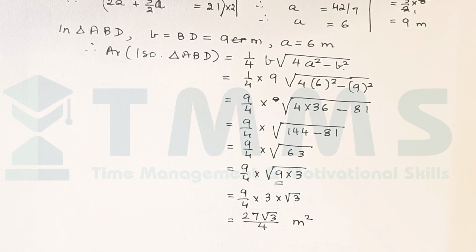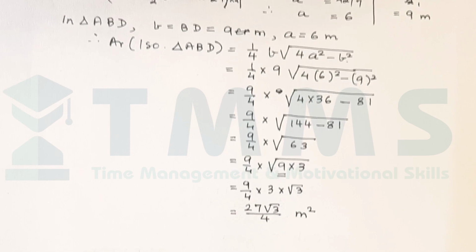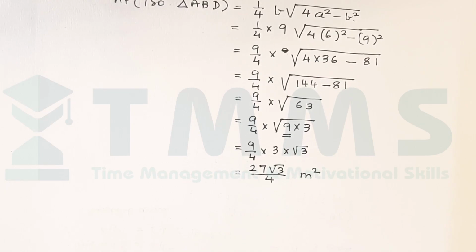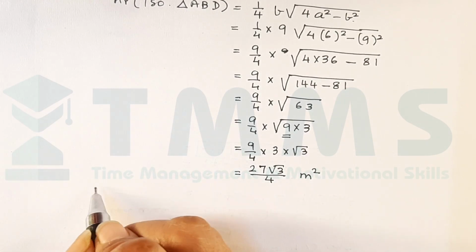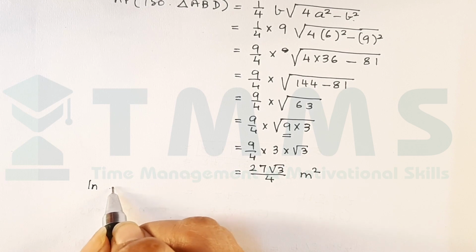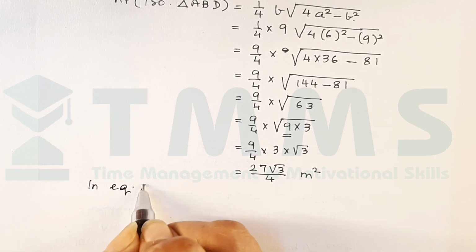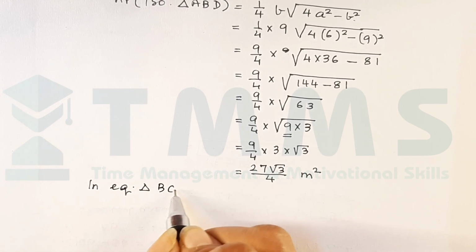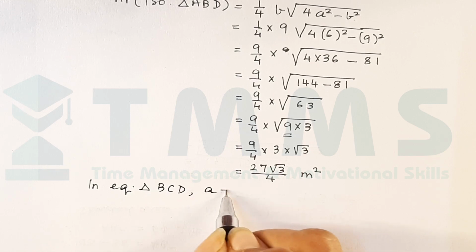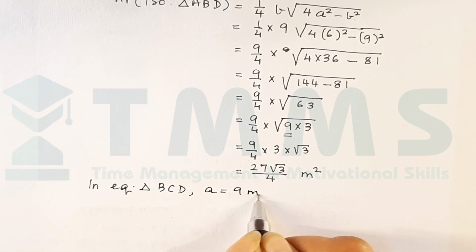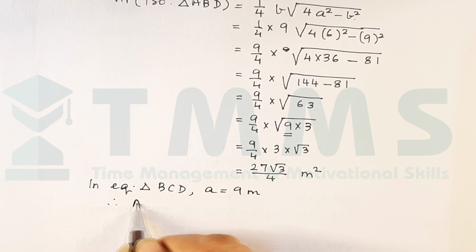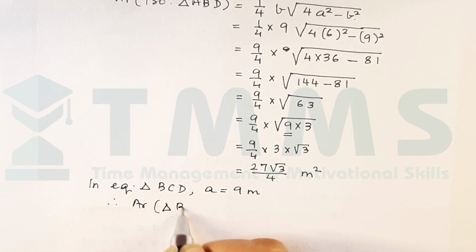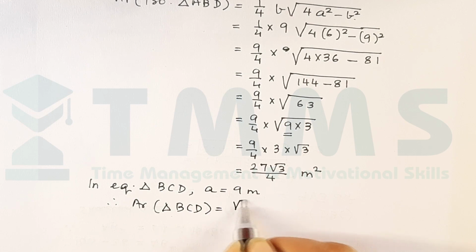Now we have to get the total area, which means we have to find the area of the equilateral triangle also. And so we will say in equilateral triangle BCD, small a is equal to 9 meter, and therefore area of triangle BCD is equal to, tell me what's the formula?